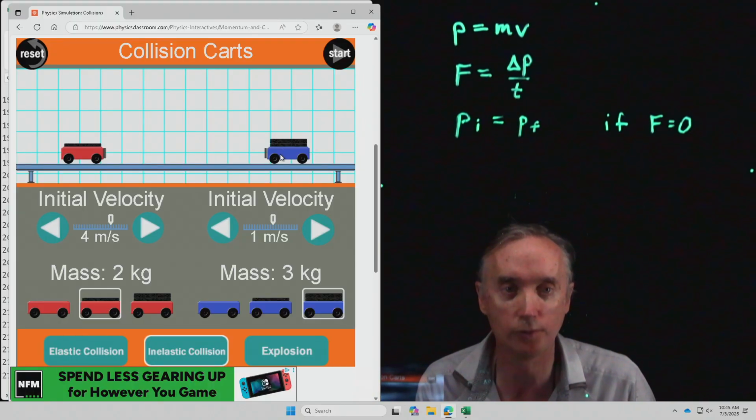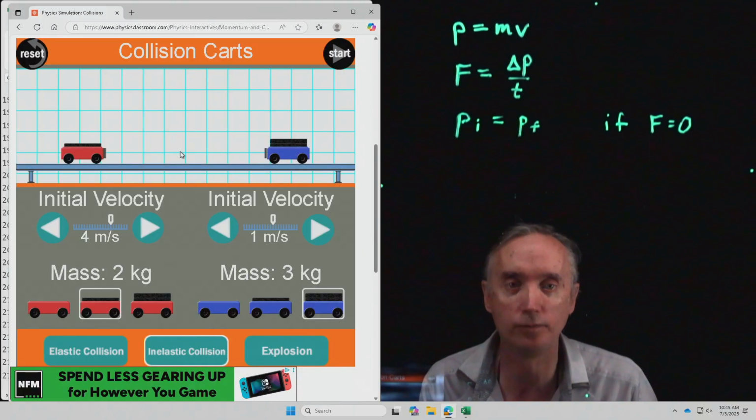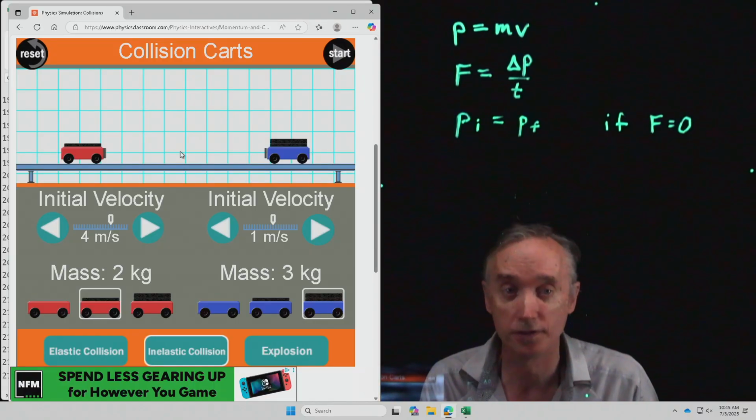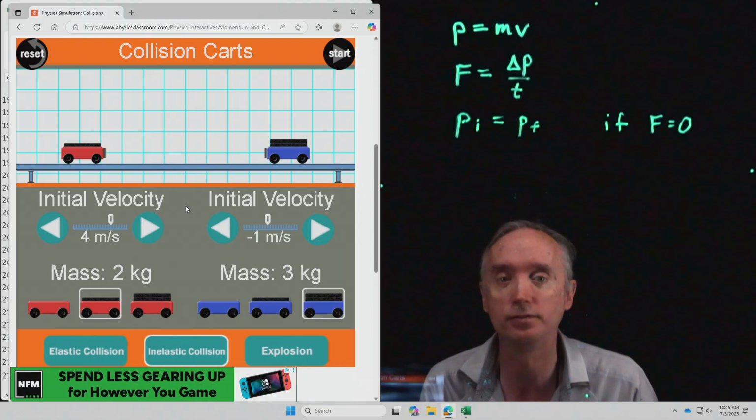But unfortunately, it would probably do it off the page over here. So it's probably better just to have the red one going this way and the blue one going this way. So that means that the blue one needs to have a negative velocity.